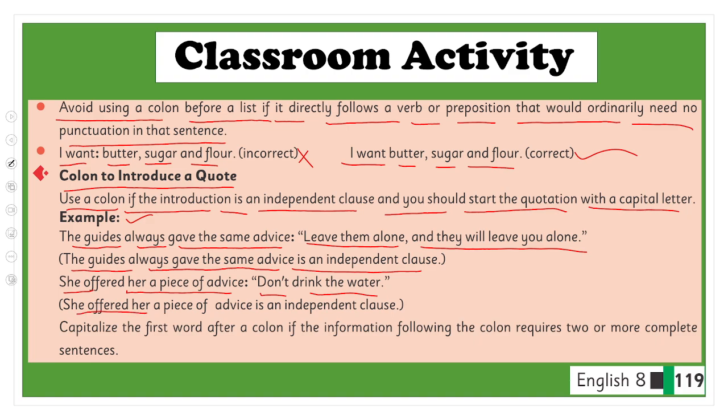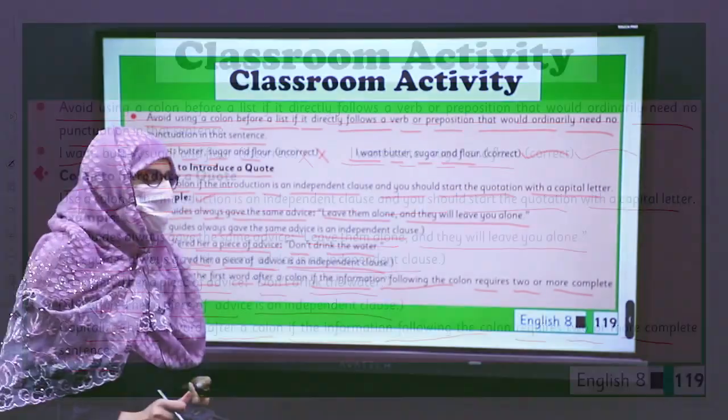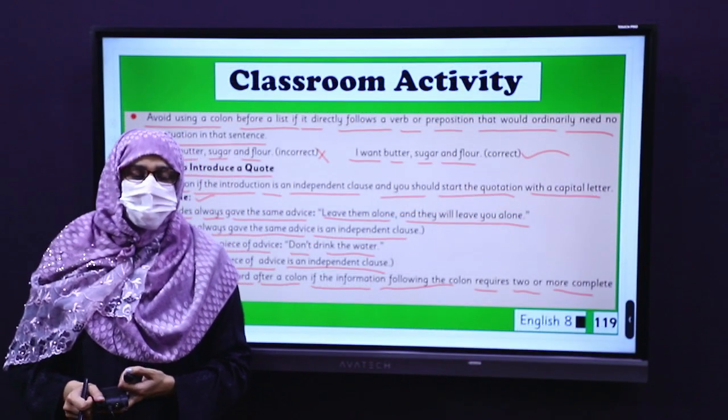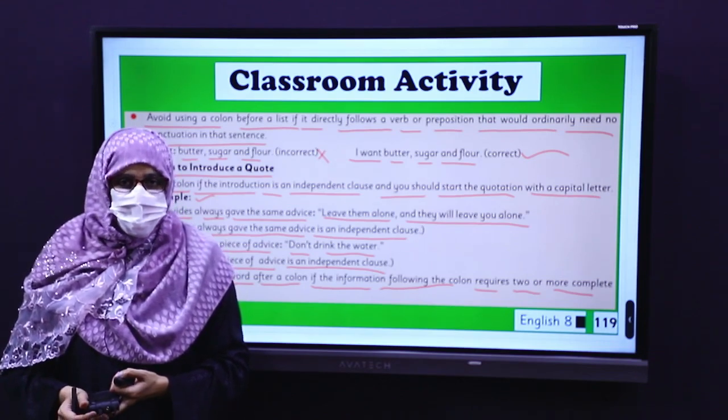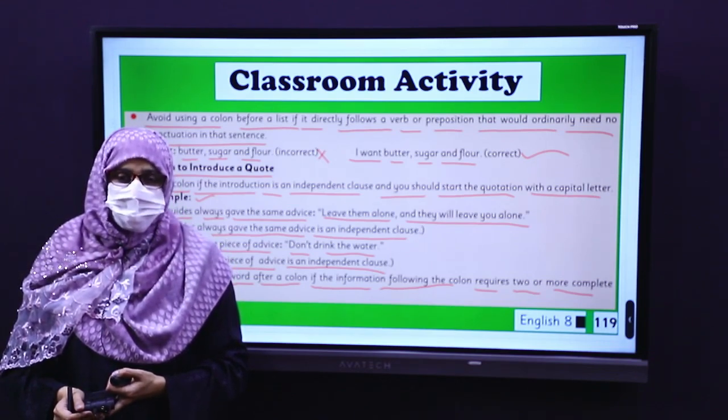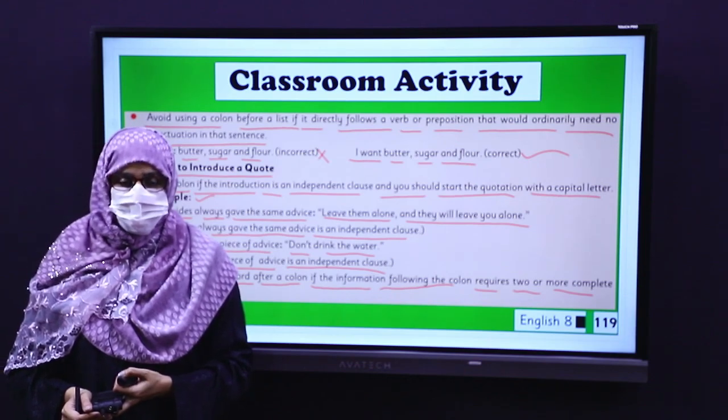She offered her a piece of advice is an independent clause. So capitalize the first word after a colon if the information following the colon requires two or more complete sentences. Did you get that? If the sentence that is being used after the colon is conveying complete sense, then you can use capitalization.